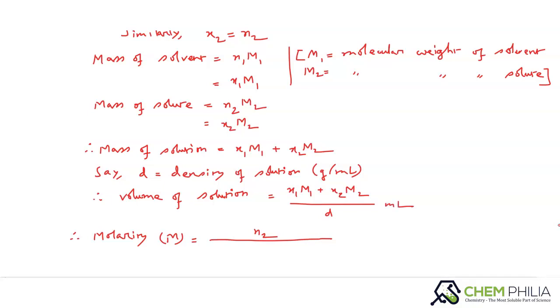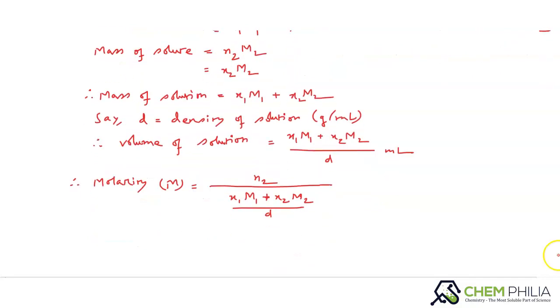So this is the volume of solution, x1 m1 plus x2 m2 divided by D, into 1000. So now you know that in place of N2 we may write x2.